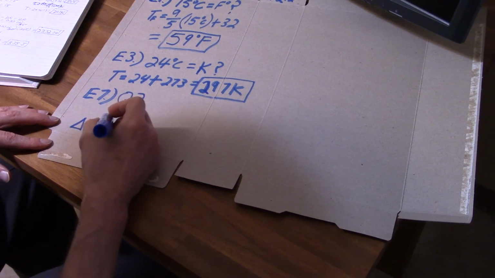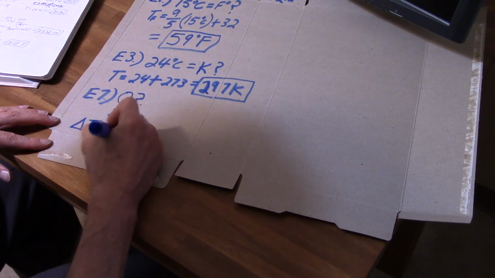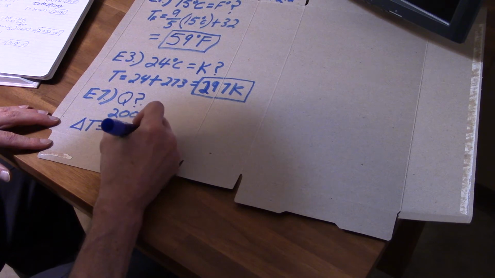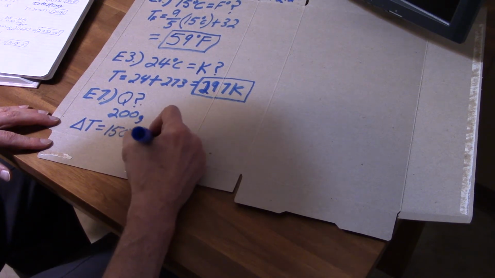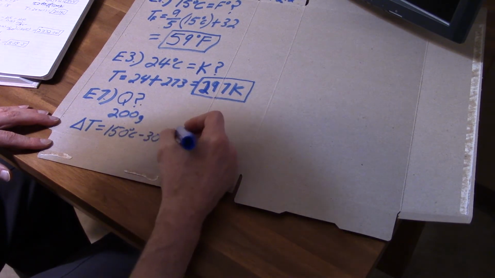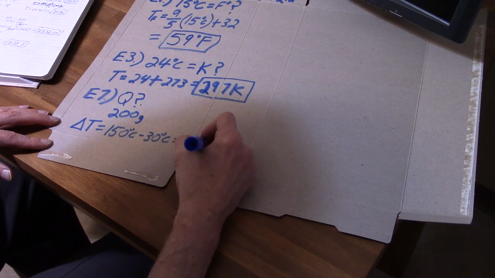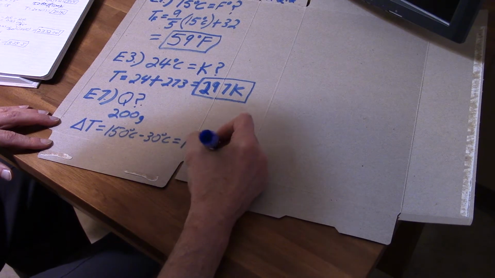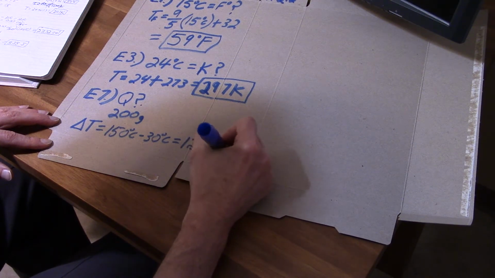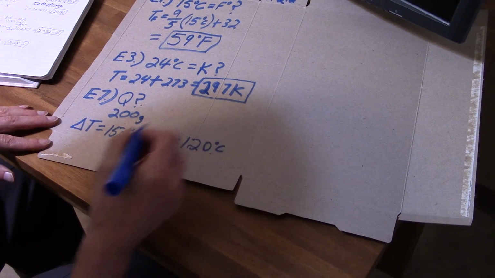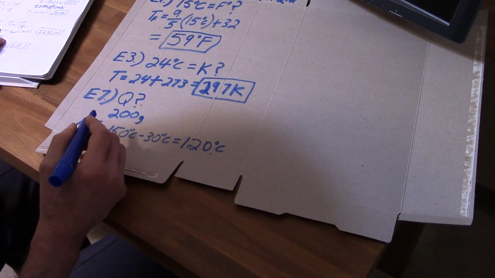Our change in temperature is 150 degrees C minus 30 degrees C, which is equal to 120 degrees C. And then we're given C for copper.